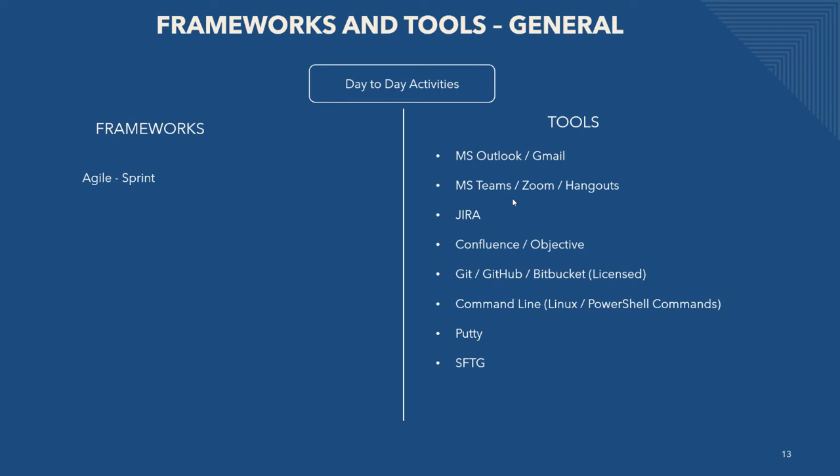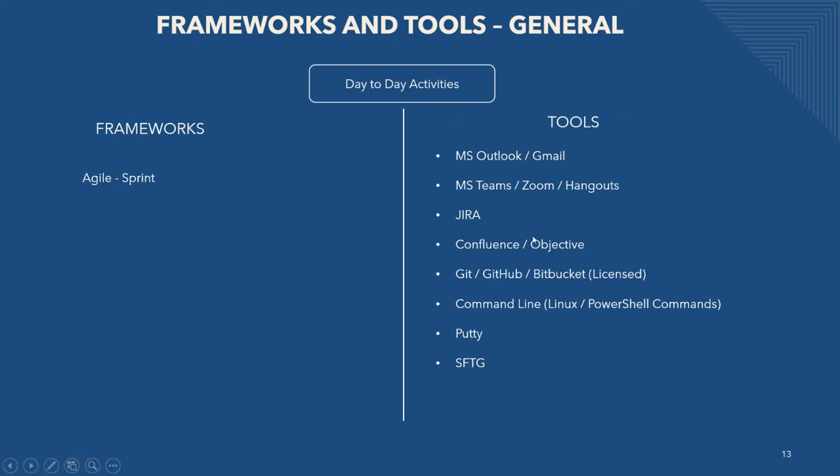It's not just the coding. Say, a software solution architecture or business requirements document has to be stored somewhere and shared with the team. So Confluence and Objective are the places organizations or project teams use to store the documents, or to create the documents for knowledge sharing purposes.